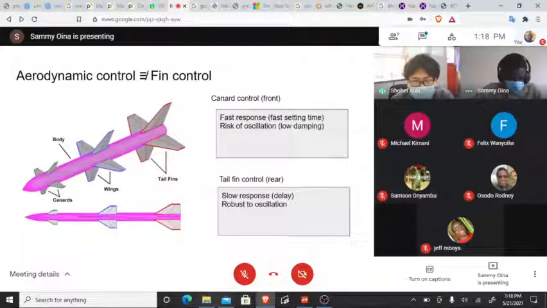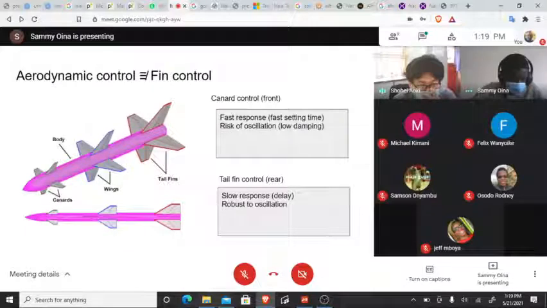There are pros and cons. For example, with canard control, if we control the front wing, the response will be very fast, but there is a risk of oscillation, so sometimes it's unstable. It takes time to converge the movement or vibration, like pitch movement.